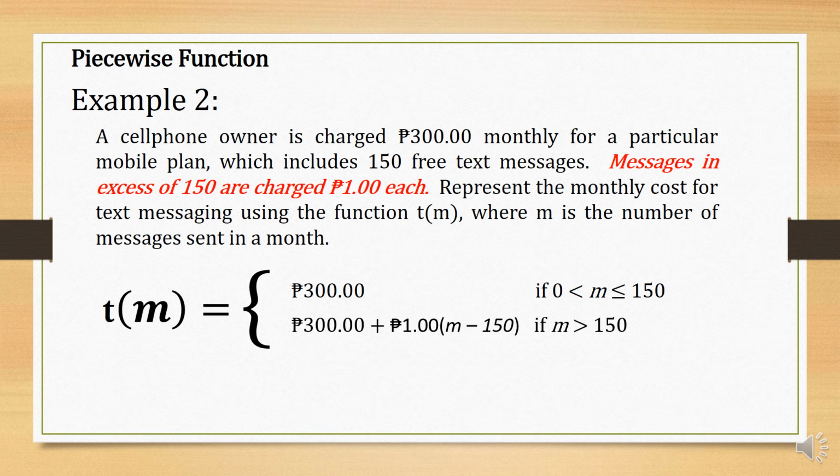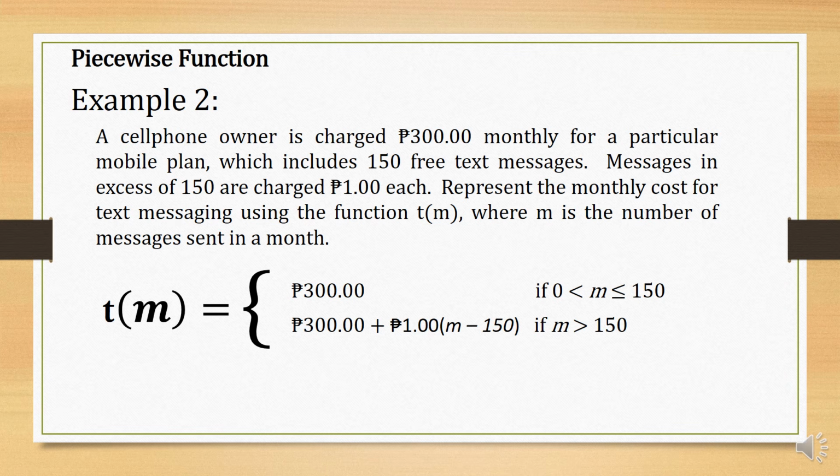So we can only use this function if the number of messages sent in a month is greater than 150 messages. So this is now the piecewise function in example number 2.